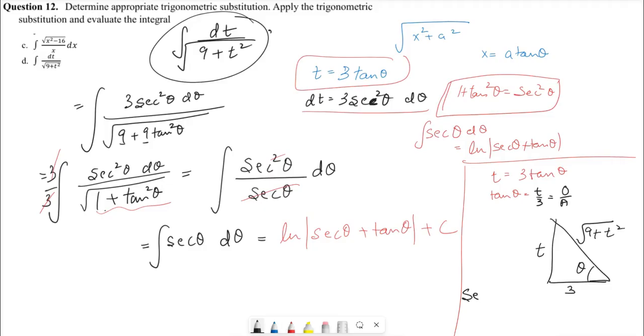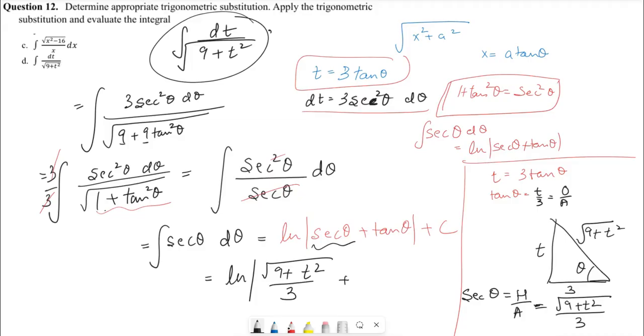So we want to know what secant theta is. Secant theta is hypotenuse divided by adjacent, so the square root of 9 plus t squared by 3. So the natural log of secant theta, the square root of 9 plus t squared by 3, plus tangent theta, which is just t by 3, plus c. That's your answer.